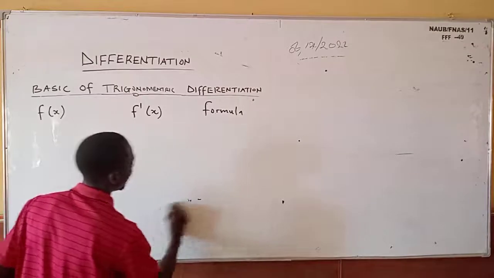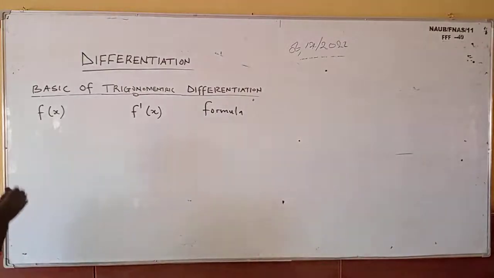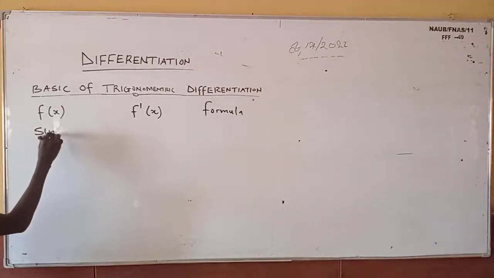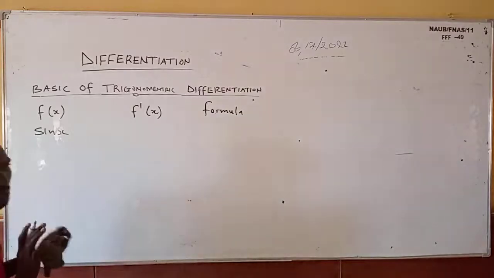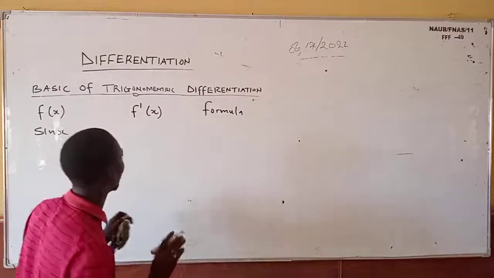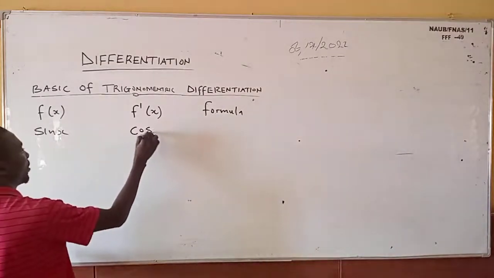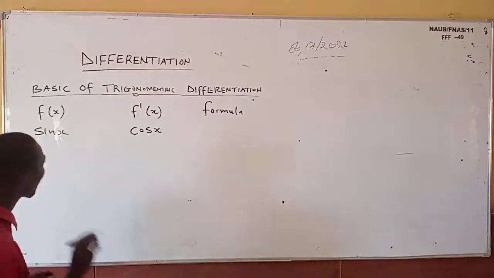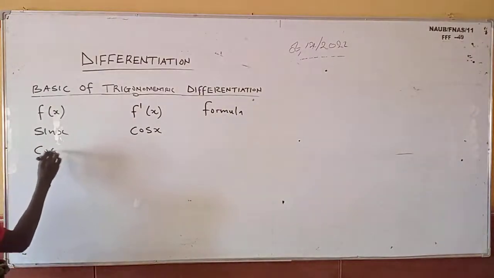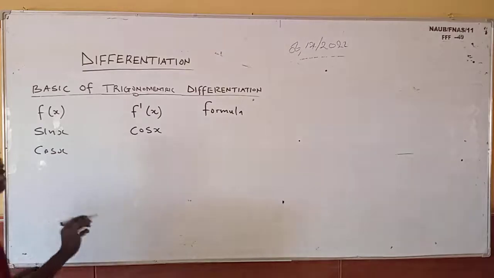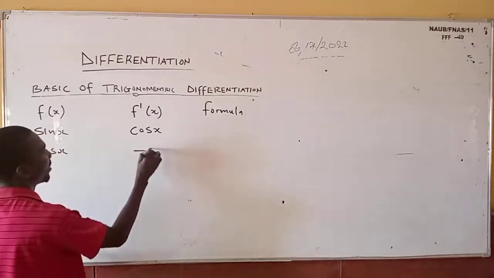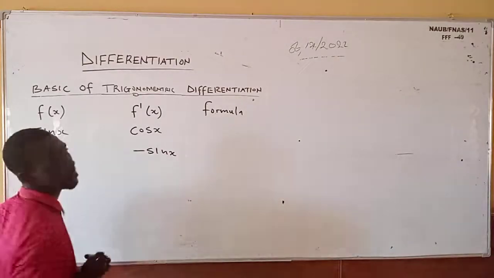Now let's start with sine. We have sine s. If you differentiate sine s, you are going to have cos s. If we differentiate cos s, you are going to have minus sine s.